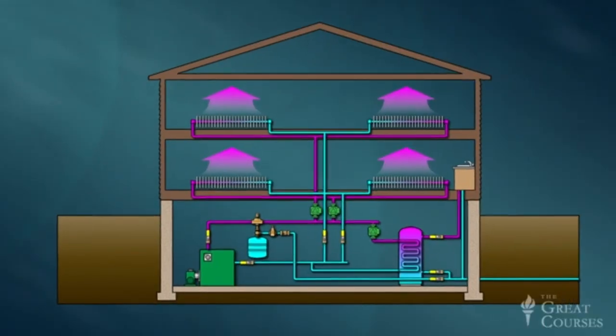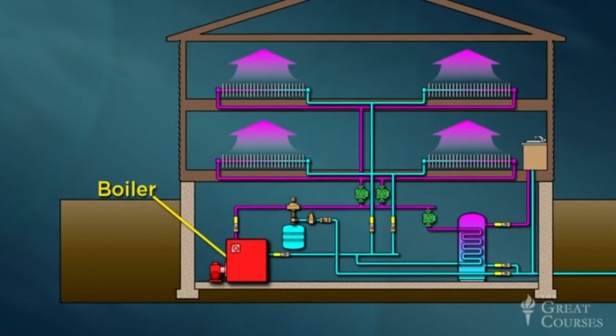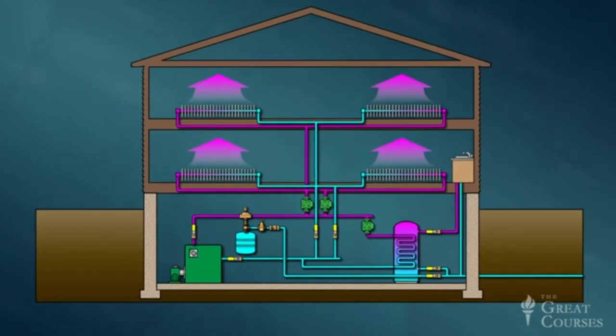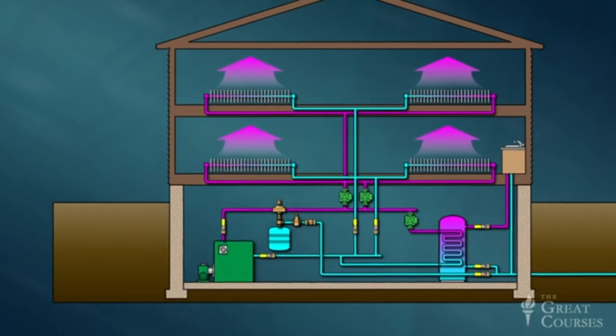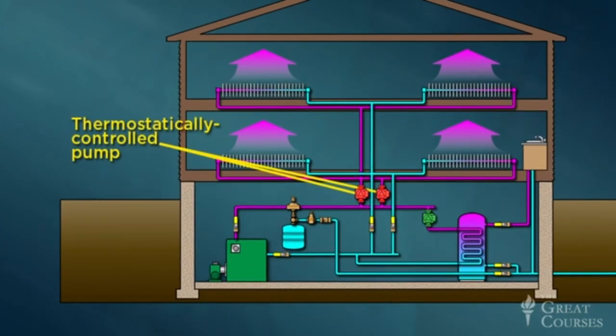At the heart of every hydronic heating system is a boiler, fueled by natural gas, propane, or heating oil. The boiler works just like the furnace in a forced air system, except that water rather than air circulates through the heat exchanger and the distribution system. The pipes of the distribution system are arranged in closed loops, one per zone, with water circulated by one thermostatically controlled pump for each loop.